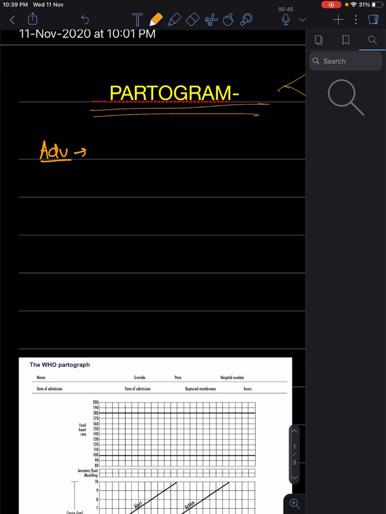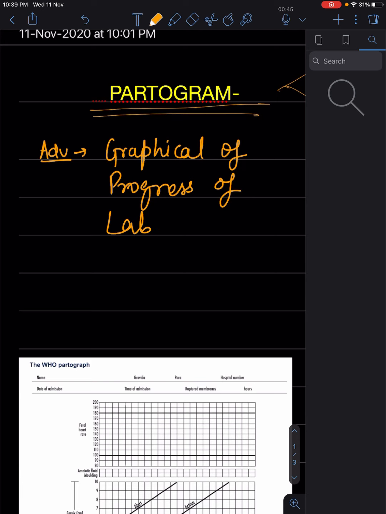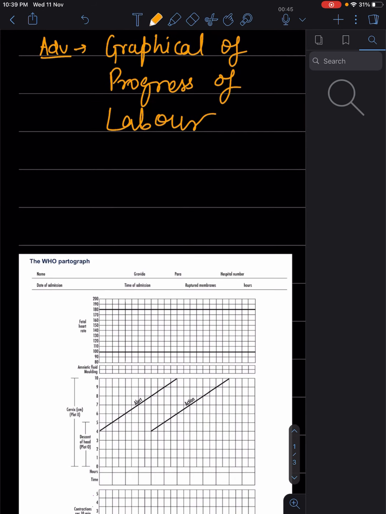A partogram is basically a graphical representation of the progress of labor, right? So it is helpful because it will let you know at one glance what is happening with the patient. And it is easy to learn, especially in peripheries. It can be very helpful for the people who are taking care of the patients over there to see the progress of the patient.